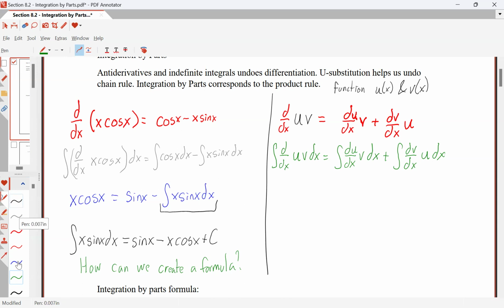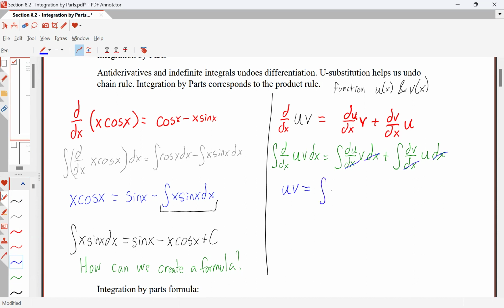Here, our derivative and integral cancel like they did before, leaving us with u times v equals, in these integrals, the dx's cancel, and we still have a differential left.